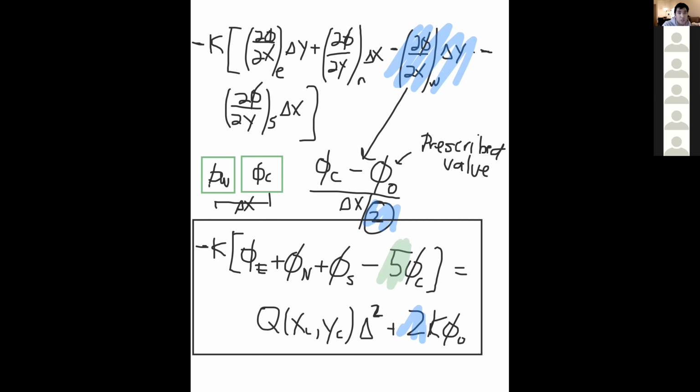But since we're on the Dirichlet boundary, we're not going all the way to the west neighbor since there's basically no one there. So what we're doing is we're only going this distance right here, from the center of our cell over to the west boundary. So if we say delta x is the distance between cell centers like that, then the distance between our center and the boundary is just delta x over 2. Oh, I see. Okay, thank you.